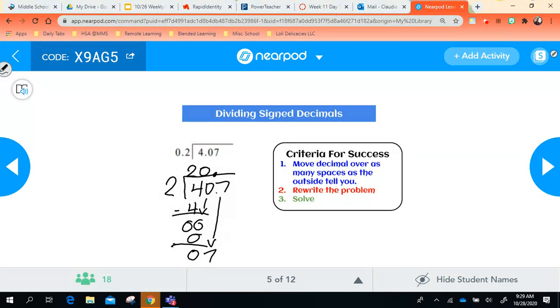So 7. How many times does 2 go into 7? 3. Oh, you're going above and beyond. Okay. 3 times 2, 6, minus gives me 1. So what do I do now? I can divide it again.